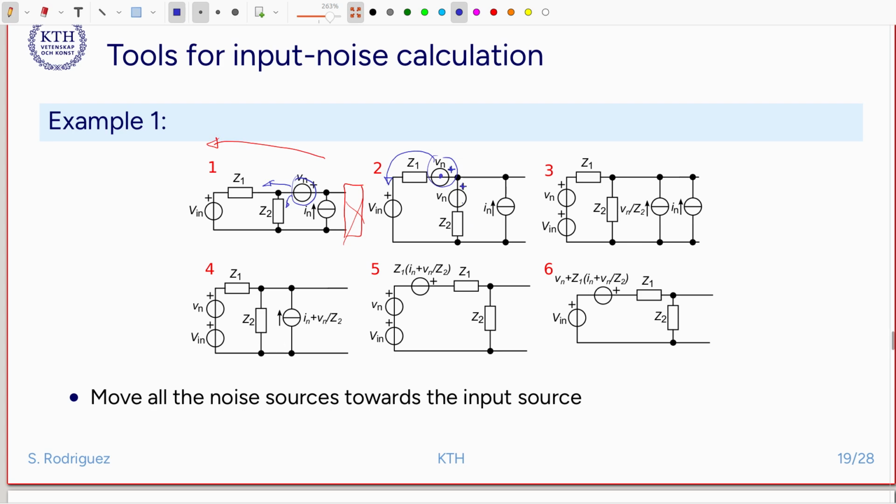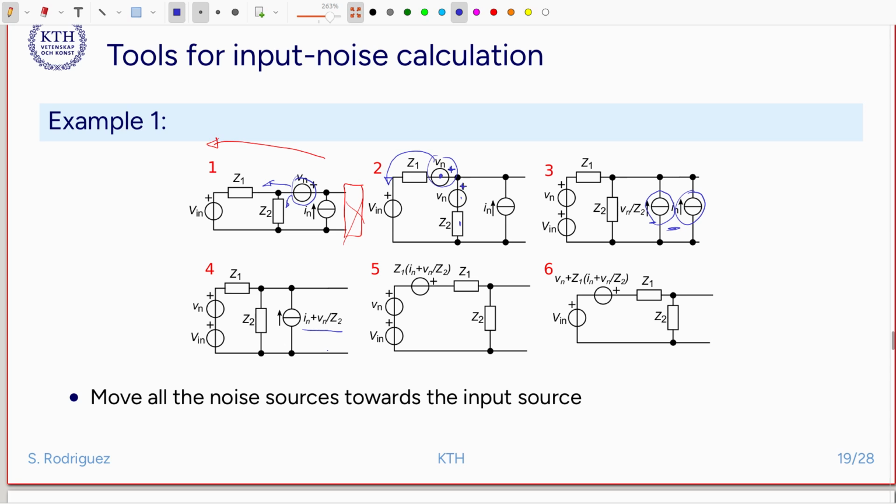The next one, we are going to convert this impedance and this voltage source into a Norton equivalent. So we divide this voltage by the impedance, and then we get this current source here. And now we can add these two current sources.